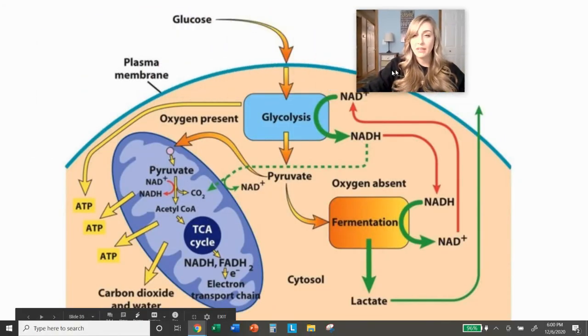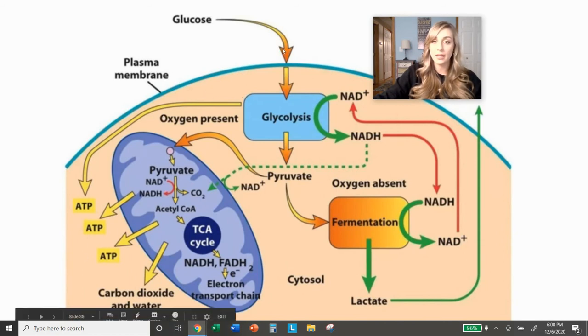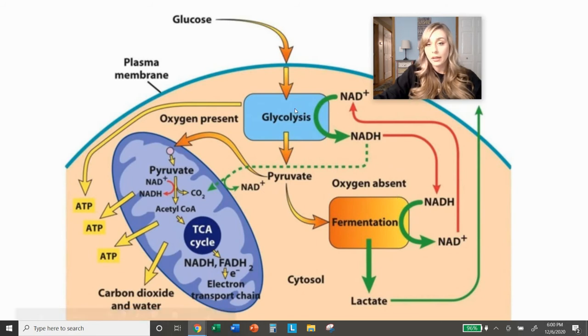Here's another picture. I think I like this one the best. Showing the process all over again. I like this one because it shows if oxygen is present. So you can do oxidative phosphorylation using oxygen to generate ATP. This side is without oxygen. And you can see glycolysis without oxygen, you do reduce NADH to be used for some fermentation.